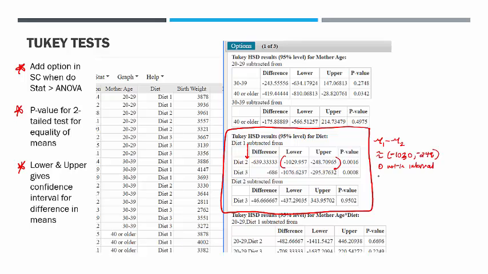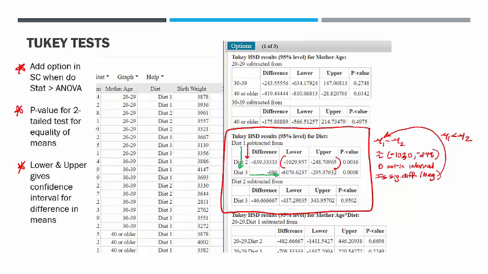So that means that there is a significant difference for diet 1 and diet 2. And also notice that it's negative, which would make mu1 less than mu2. Similarly, we can compare mu1 to mu3.